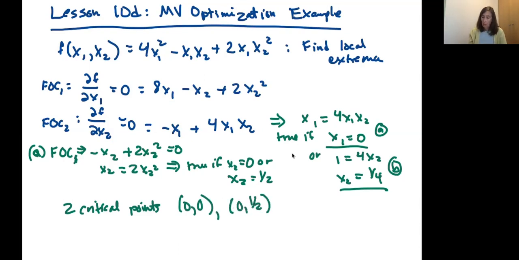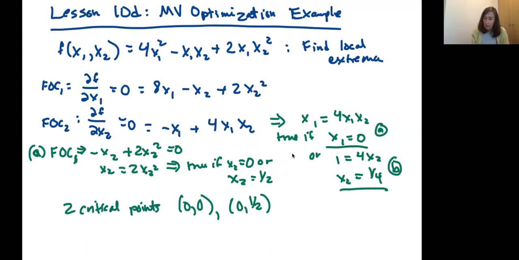Those come from solving the second first order condition, seeing that there were two possible things that could make that true. Looking at the first one, x1 equals 0, there were two values of x2 that would make this first order condition true.